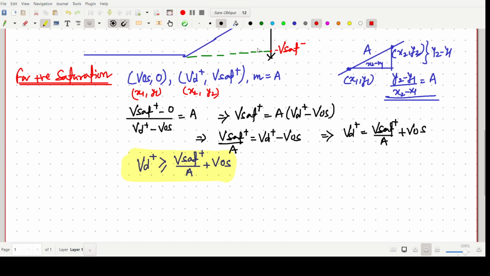So now I am again writing. Now we have to do the same process for the negative saturation region.